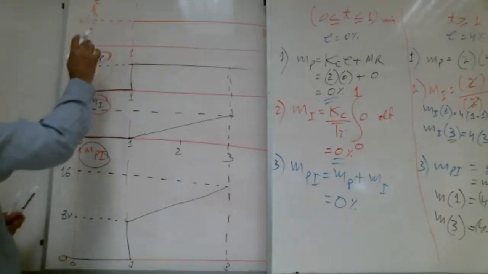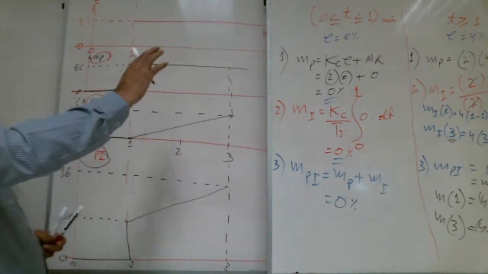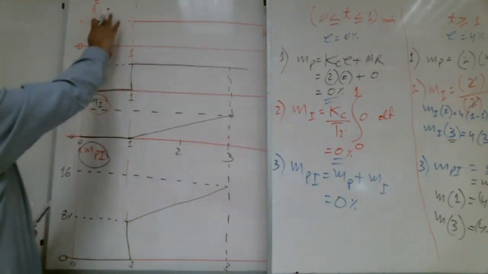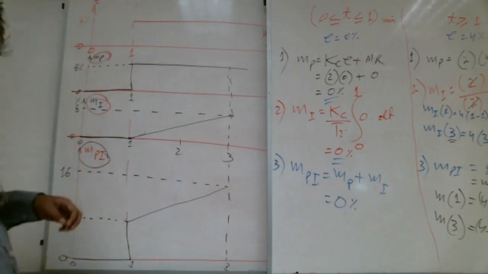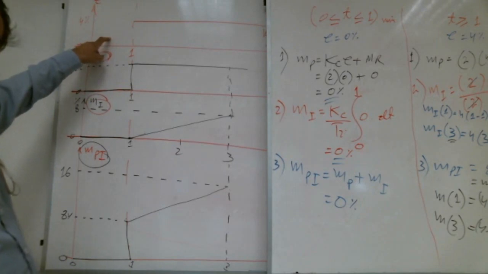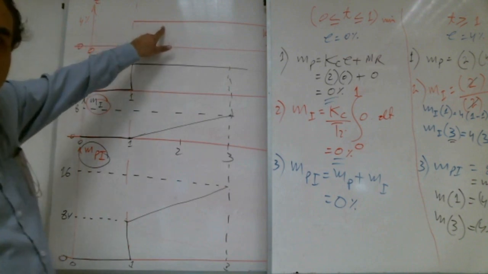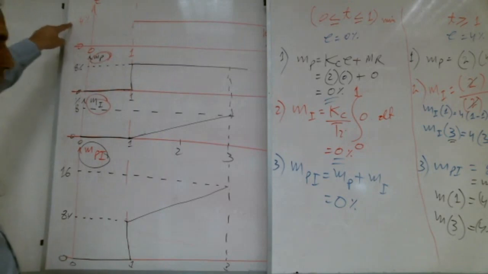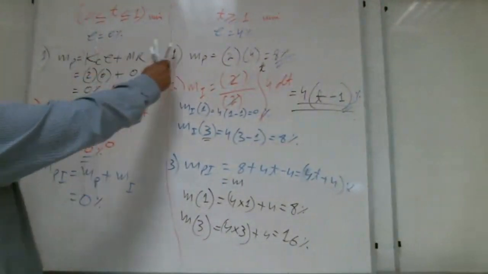This dotted line does not have any value. If you want to remove it, you can remove it. So what is the error here? 0. And what is the error here? 4. I understand. That's good. So here error 0, here error 4.